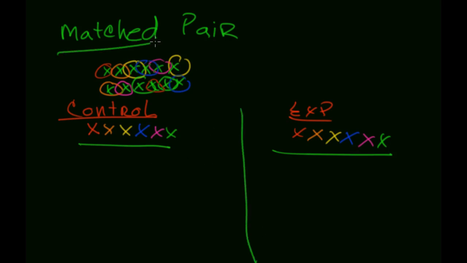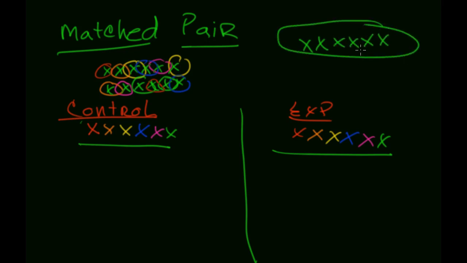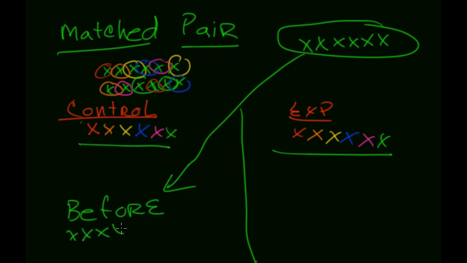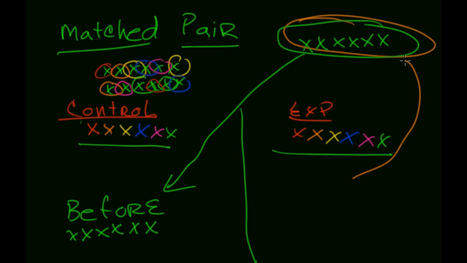Now, another way to do this is actually to say, what I'm going to do is I'm going to watch everybody in the group before the experiment. So this is the control group before the treatment. So all the befores are in here. And then I'm going to watch the same group of people and use a treatment on them and see what they look like afterwards.